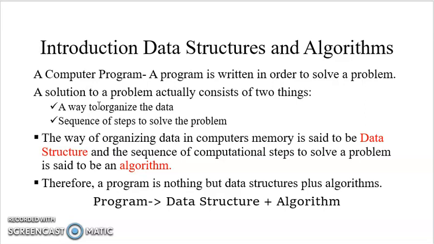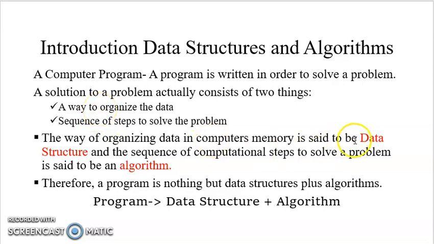That's why way of organizing this data is mandatory. And the second one is the sequence of procedures which we will use for solving the problem. The combination of the way of organizing data and the sequence are the most important ones.